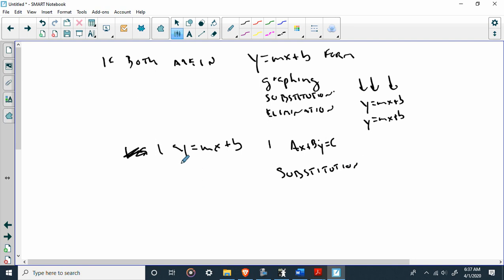Because the y is isolated, and you can plug the y right in for there, okay? Now, that's not to say that you can't. Like, if you had some nice coefficients, some easy coefficients to work with, it might not be the worst idea to do a little bit of changing. But essentially, if they're both in slope-intercept form, you want to graph, you want to substitute, you want to eliminate, that's your option. Once you have 1 and 1, you kind of change your options, okay?